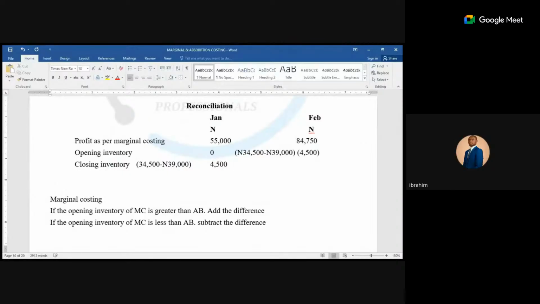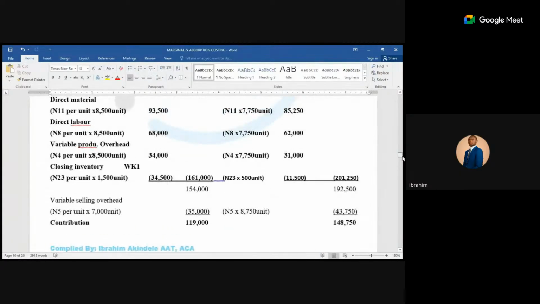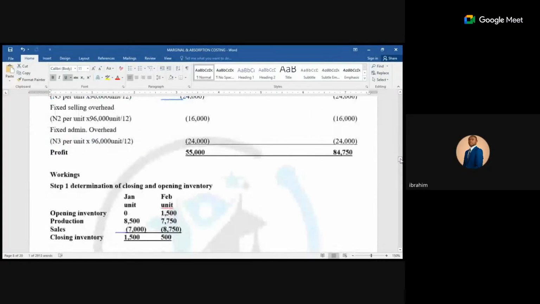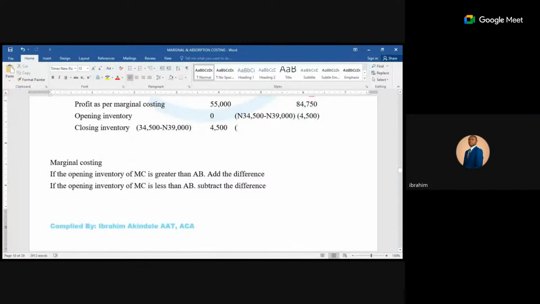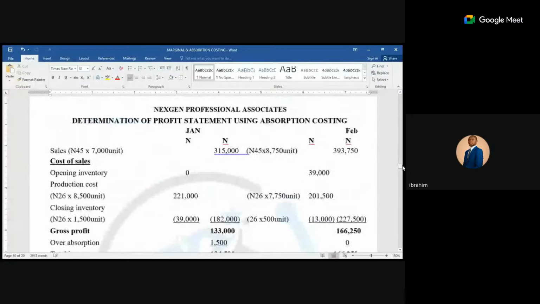So you still come here and check. What is the closing inventory of marginal costing? Quickly check. It is 11,500. Then what is the closing inventory of absorption costing?